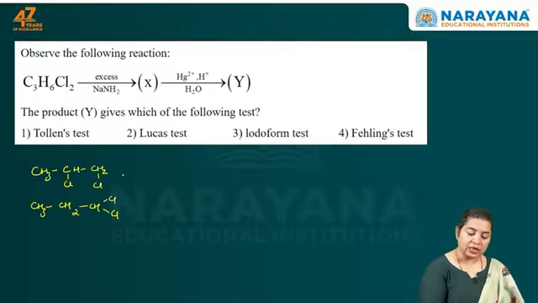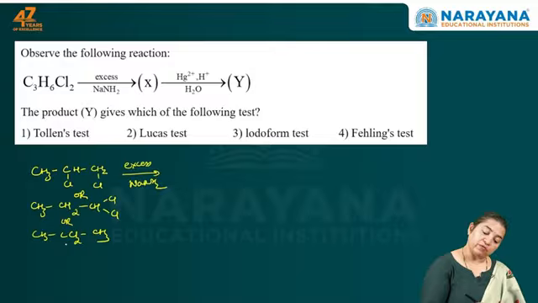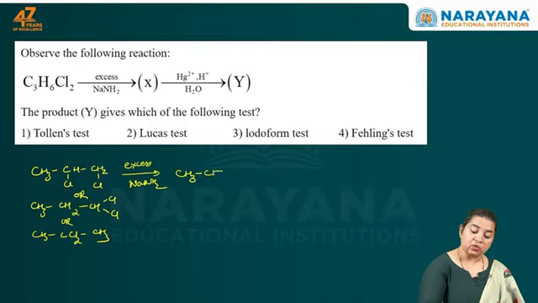But it is clearly given excess NaNH2 is taken, okay, whether this or, let me write, even if you take CCl2CH3, for that also any of these cases, all of them will ultimately lead to C triple bond CH.